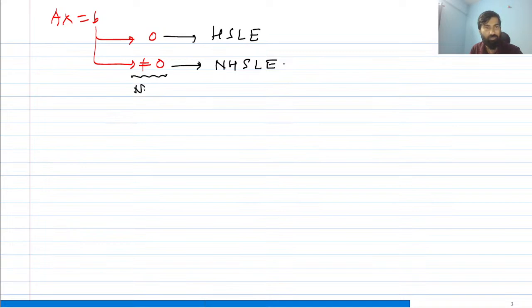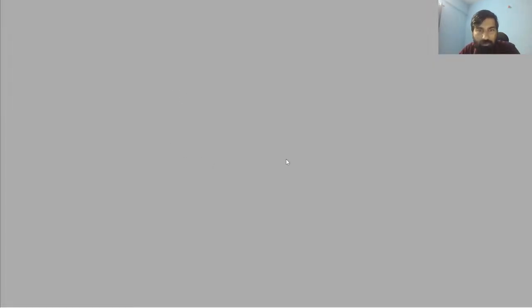When b is non-zero, see, if I'm writing 0, what is the meaning of 0 here? Keep in mind, 0 means null matrix, okay, null matrix.